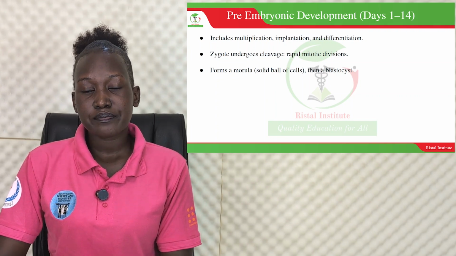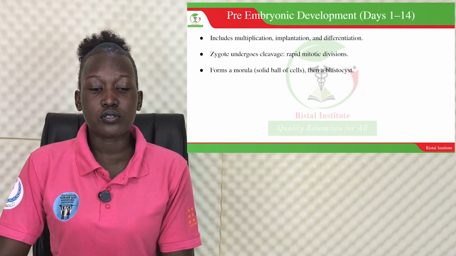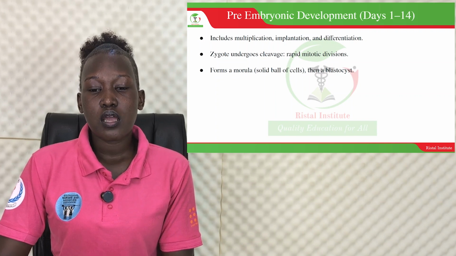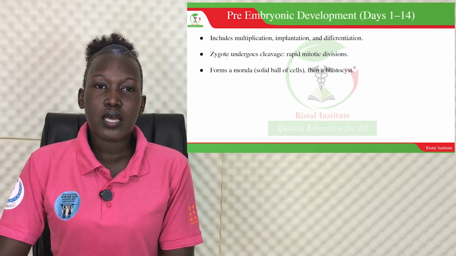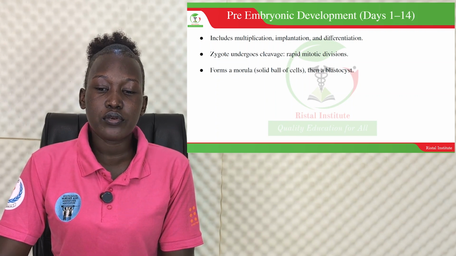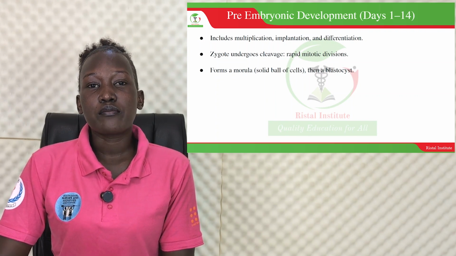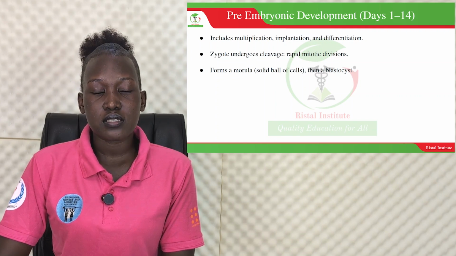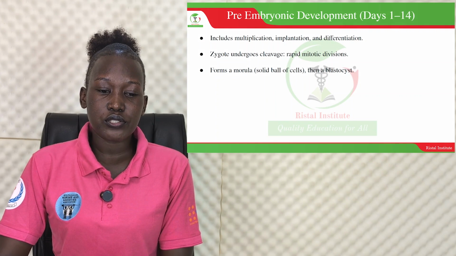So in most cases, there are a lot of cell divisions and multiplication that occur within the first 1 to 14 days. So let's look at what happens in the pre-embryonic period, from 0 hour of fertilization to 14 days following fertilization.